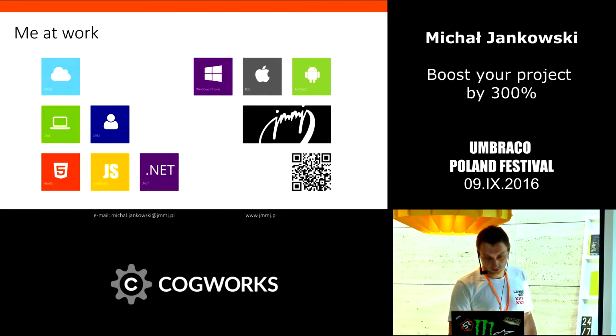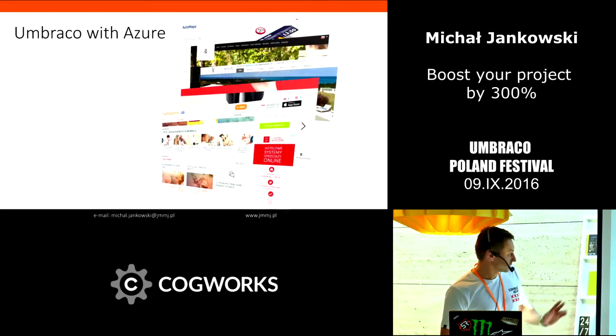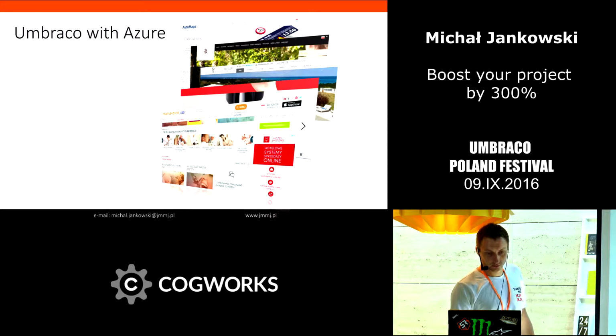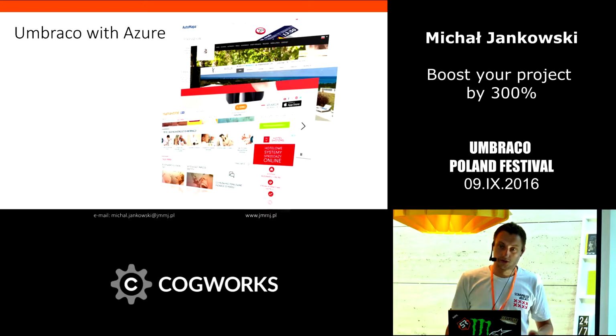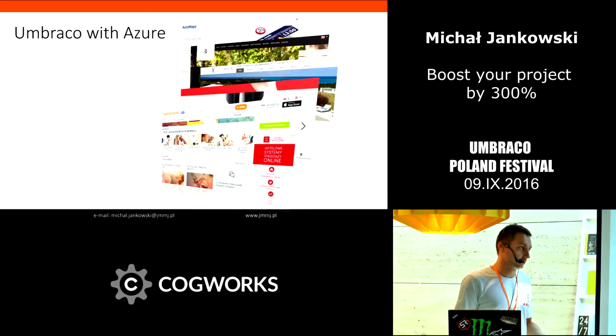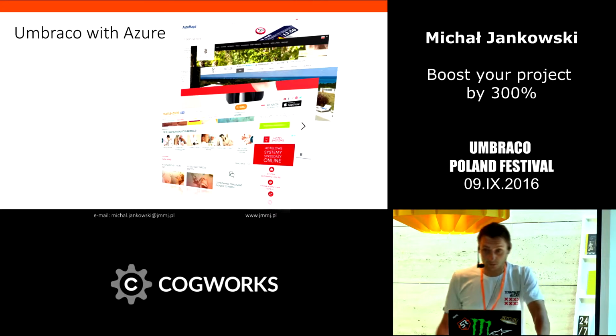And here's a slide which is not really readable, but I think most of you know this brand. It's Automapa. It's for those who are outside of Poland, Poland's biggest navigation provider. We moved their website to Umbraco, and the website has many touching points because of it.